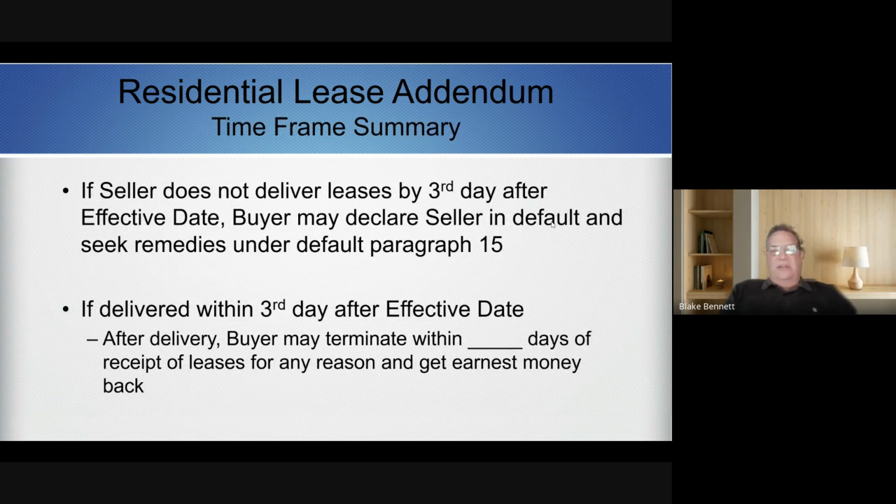If the seller doesn't deliver these by the 3rd day, seller is in default. Buyer can say seller's in default and get out of the contract underneath paragraph 15. If delivered by the 3rd day, well, then within the paragraph there is a comment: after delivery, buyer may terminate within, and you negotiate the number of days, after those leases have been collected.